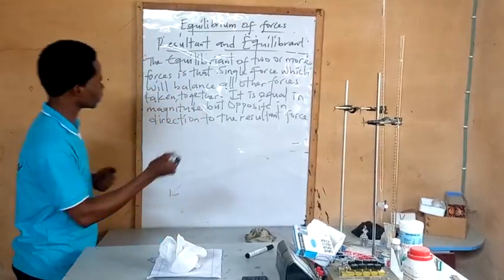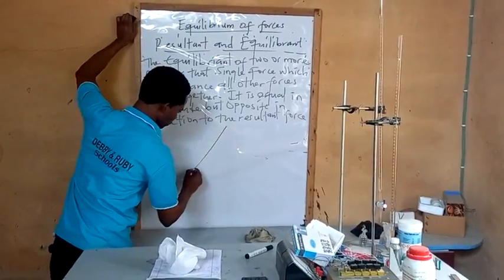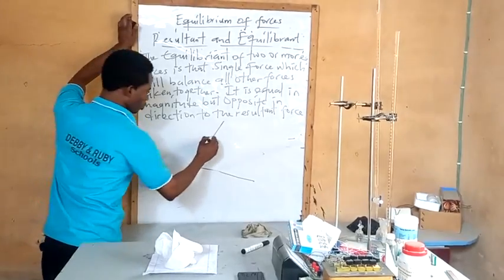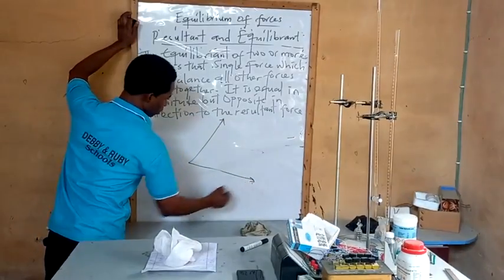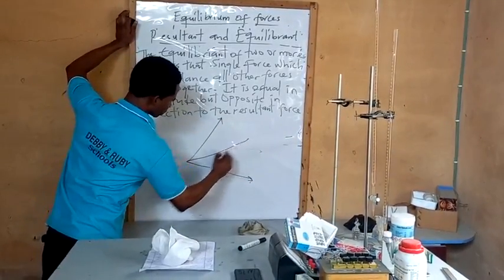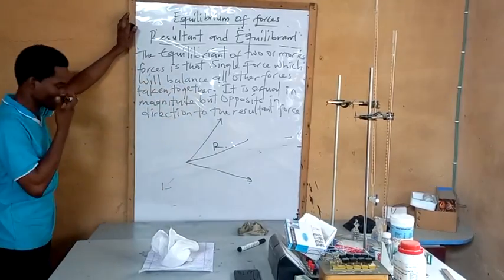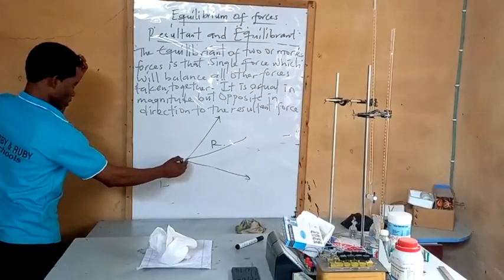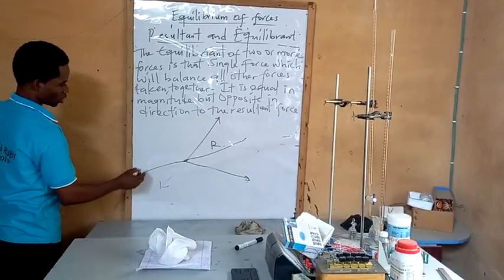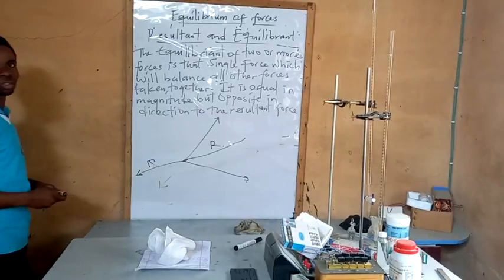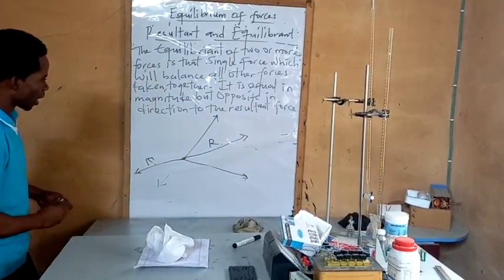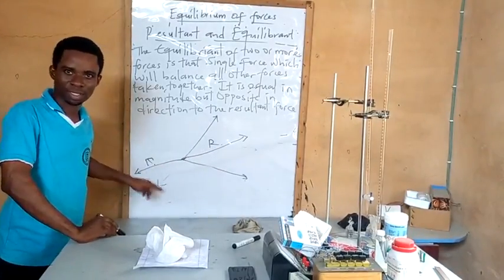What does that mean? If I have two forces like this, the first one and the second one, now the resultant will come here. This is my resultant. So the work of equilibrium can be here. This will be the equilibrium. So equilibrium and resultant are the same thing in magnitude.